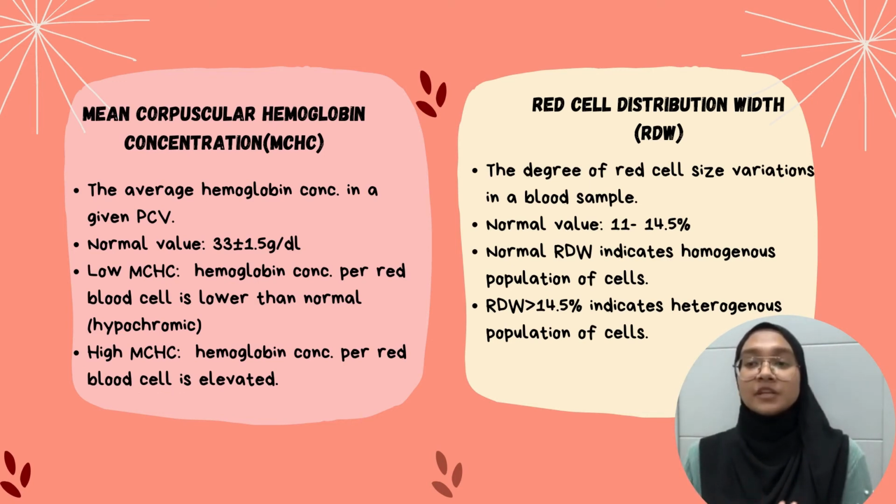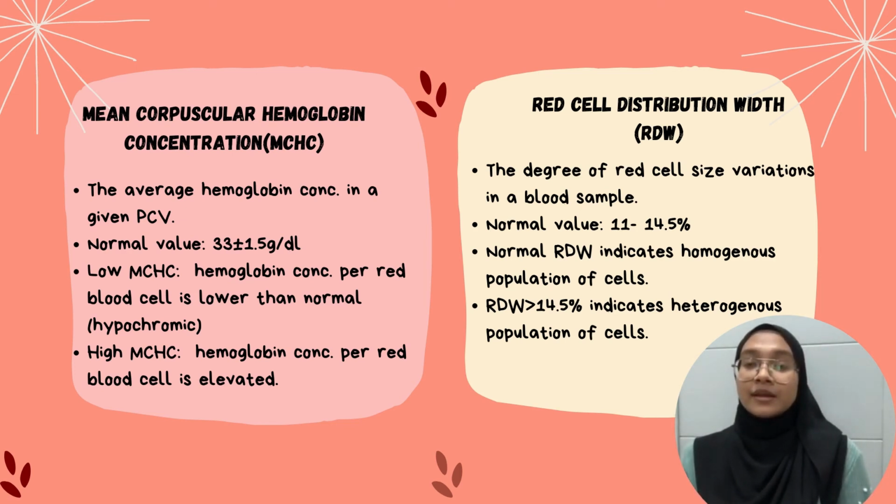MCHC is the average hemoglobin concentration in a given PCV. The normal value for MCHC is 33 plus or minus 1.5 grams per deciliter. Low MCHC means that the hemoglobin concentration per red blood cell is lower than normal. We call this hypochromic, while high MCHC means that the hemoglobin concentration per red blood cell is elevated.